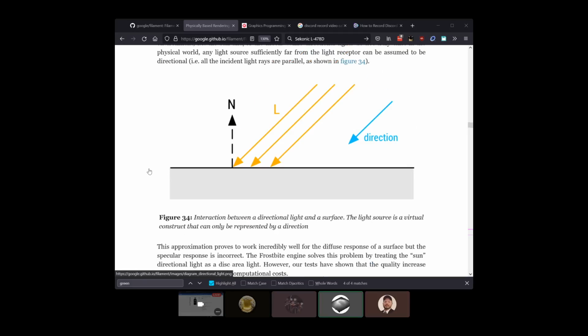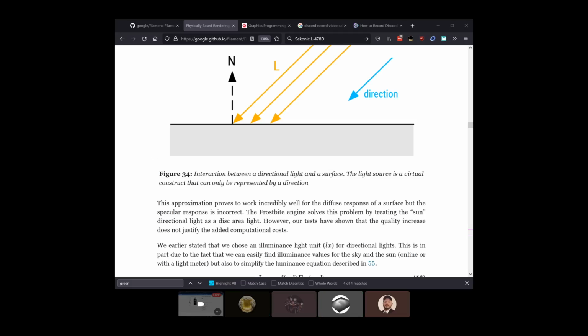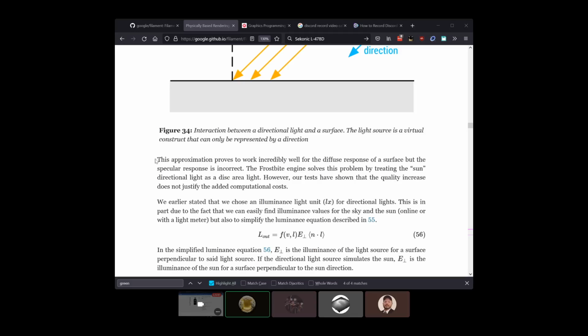Okay, directional lights. Infinitely far away, so the rays are parallel. Specular response is incorrect.